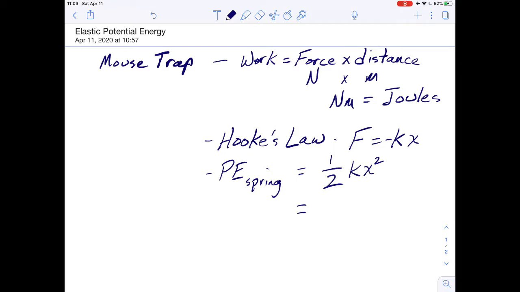Now, if we substitute the equation on top into this equation here, we end up with 1/2 F over X, since k equals F over X, times X squared. And if we simplify that, then we can cross off the squared and this X. We end up with 1/2 Fx, force times distance. Okay?